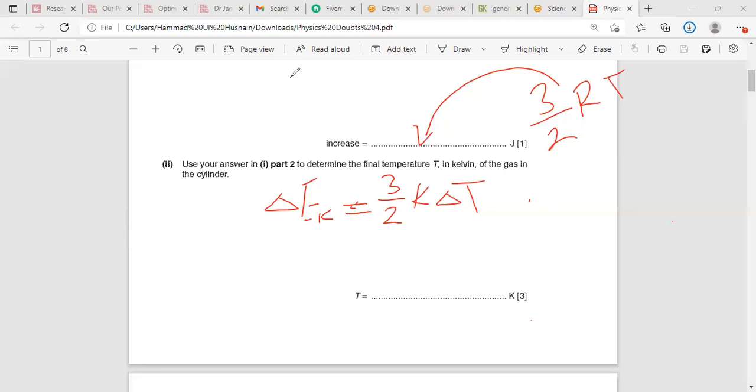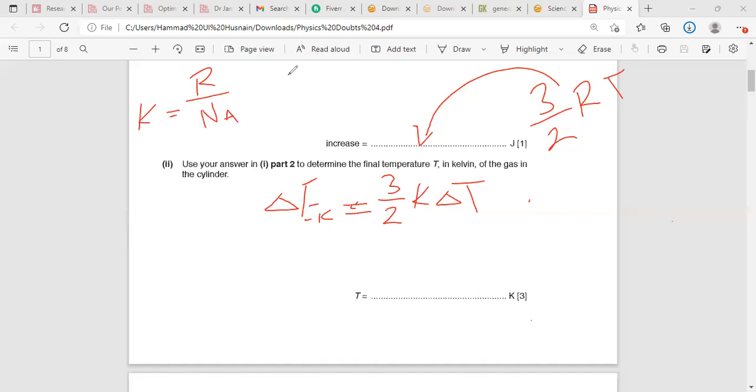I told you the relationship between K and R, right? The relationship between K and R was, K is equal to R divided by Avogadro's number, right?